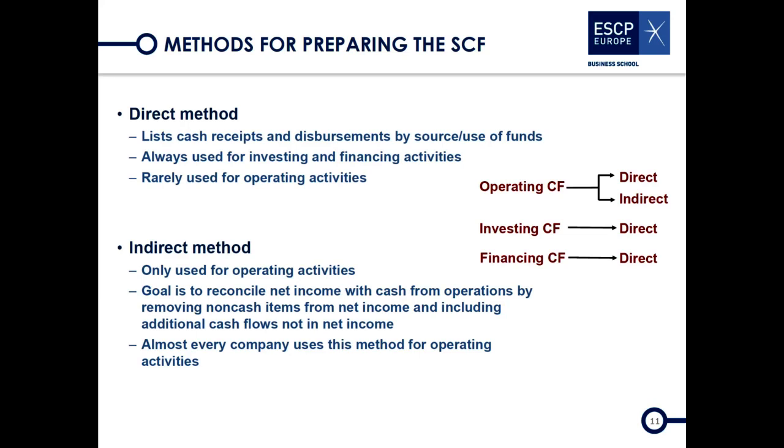So you eliminate all revenues if the cash was not collected yet. You eliminate all expenses if you have not paid, for example, the suppliers yet. Okay, this is the indirect approach.